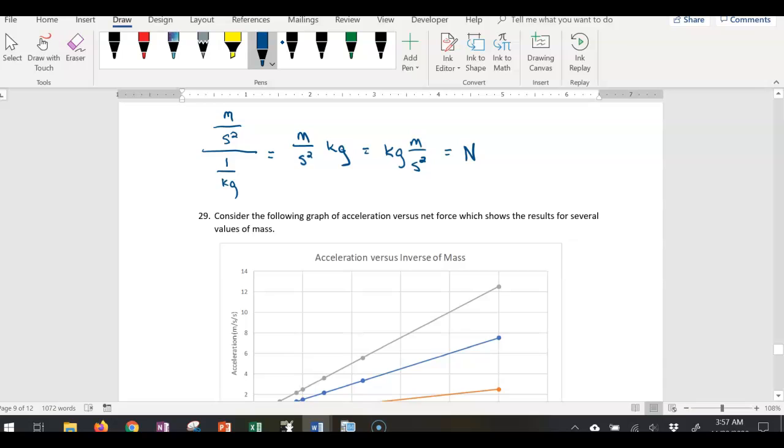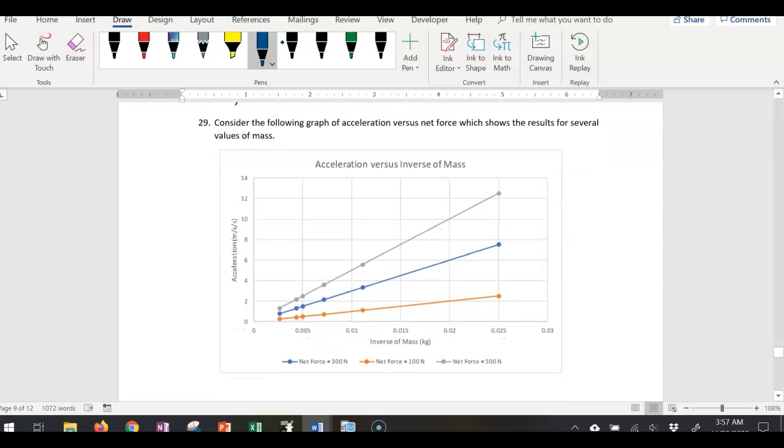Then in step 29, they give me some additional data. They've replicated the experiment, okay, or I've replicated it for different values of net force. You just found a slope if you use a net force of 400 newtons. But what if we used 100 or 300 or 500? We get different values.